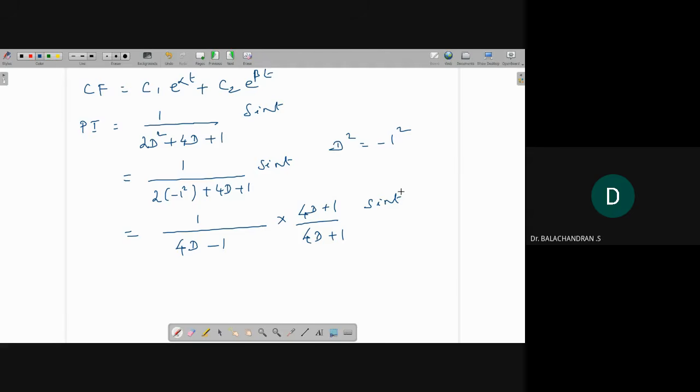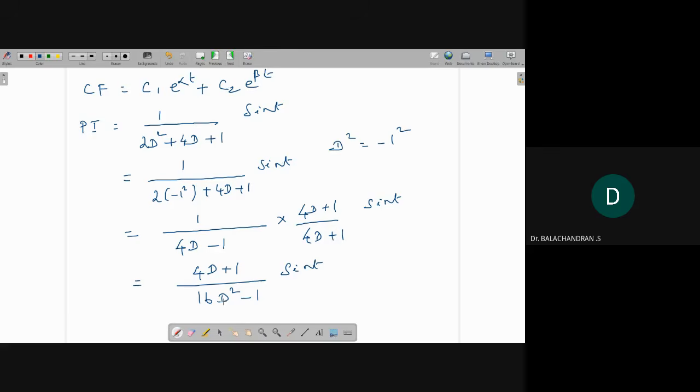Okay, so this is equal to, on the numerator you have 4D plus 1, the denominator you have 16D square minus 1, into sin t.